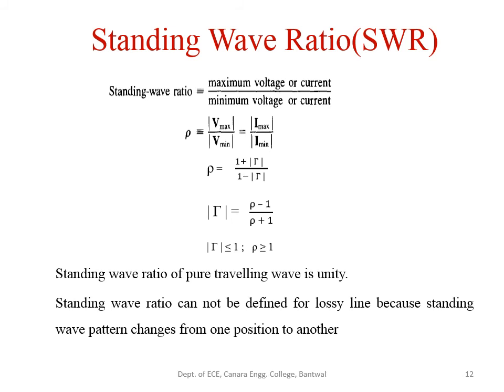Standing wave ratio, or SWR, is a measure of the load impedance relative to the characteristic impedance of the transmission line in use. If the transmission line is perfectly matched, ZL is equal to Z0, then there is no reflected wave, gamma equal to 0.